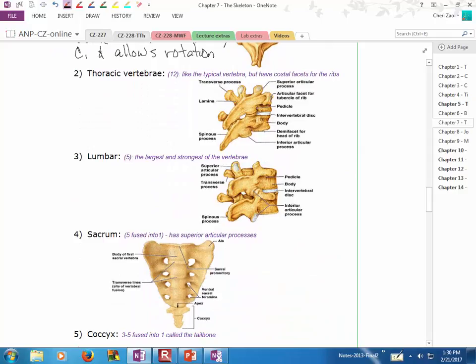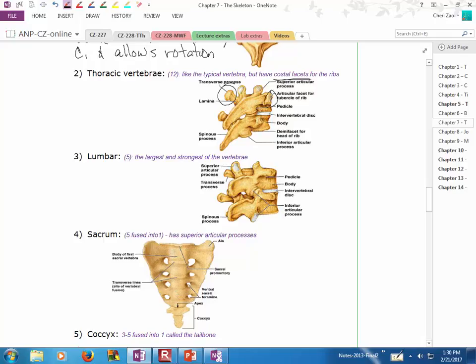And now let's take a look at our thoracic vertebrae. And our notes say we have 12, absolutely. And they are indeed like our typical vertebrae, and they have costal facets for the ribs. So the costal facets for the ribs are in various areas. We have them on the transverse process, and we also have them over here, though we can't see it from here.